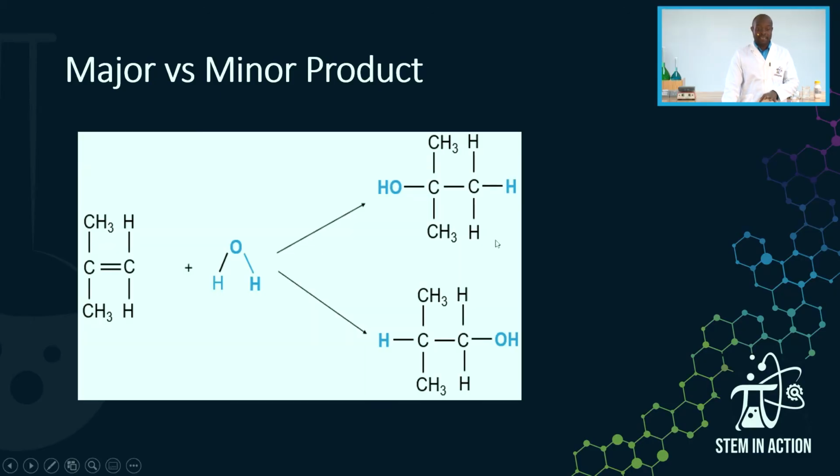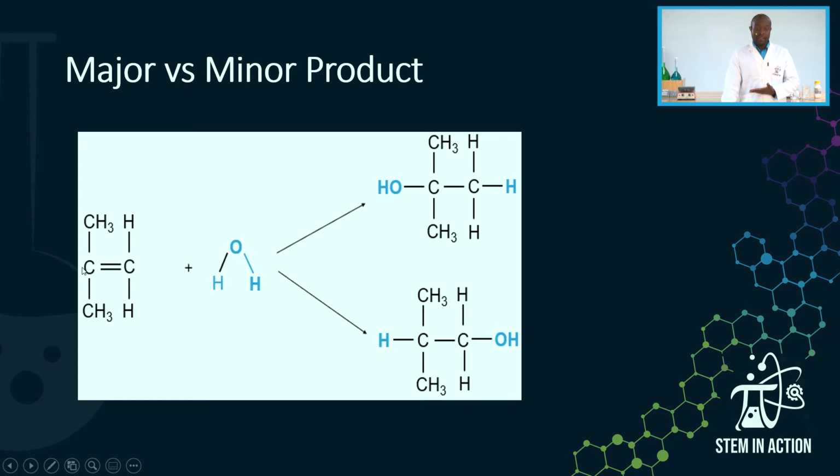Then I'm going to explain further that preference of product that I talked about. So when you do a reaction such as this one, remember we said that this is a hydration reaction. We are adding water, and we have the option of adding the OH to that carbon or that carbon.